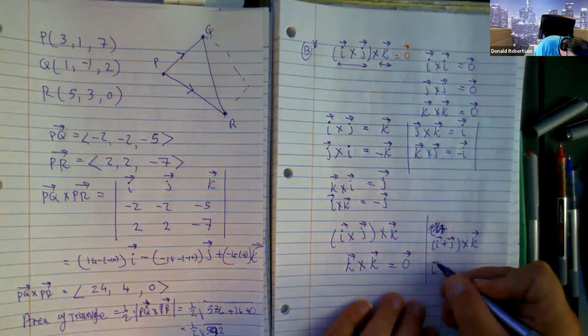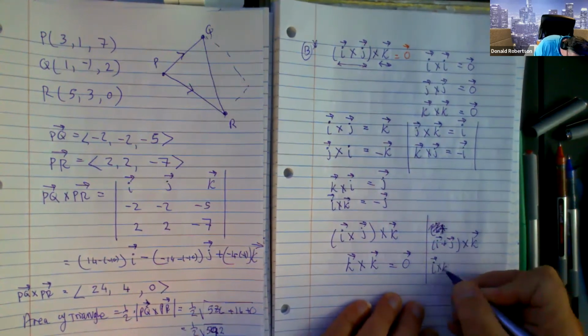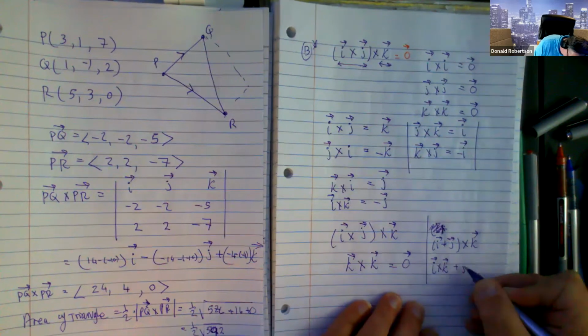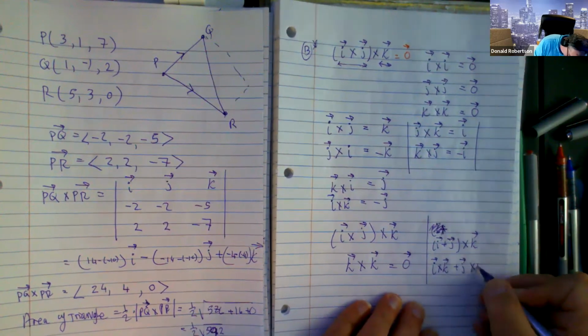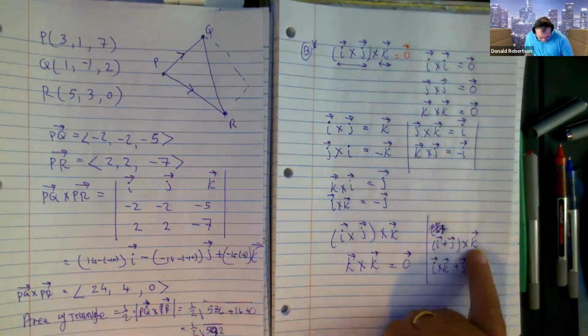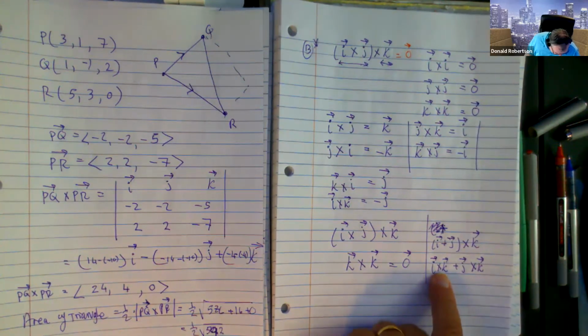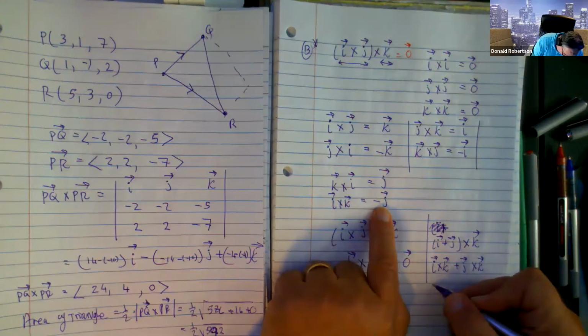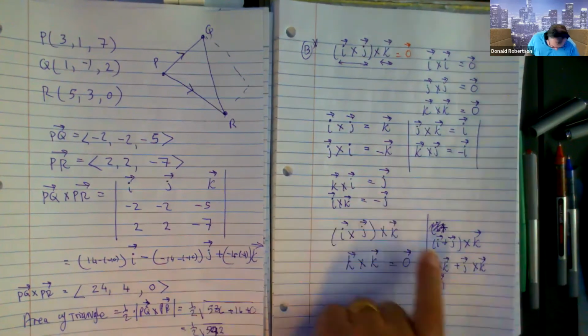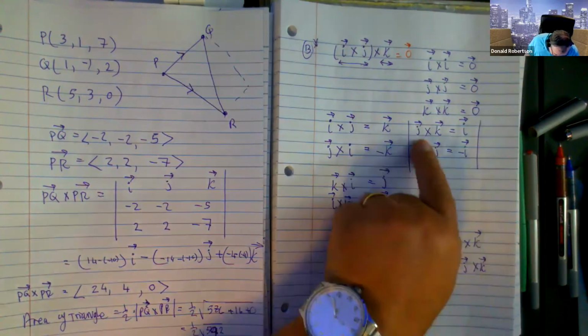So essentially, I'm using the distributive rule, and doing that guy with i and that guy with j. i cross k is negative j. And j cross k is i.